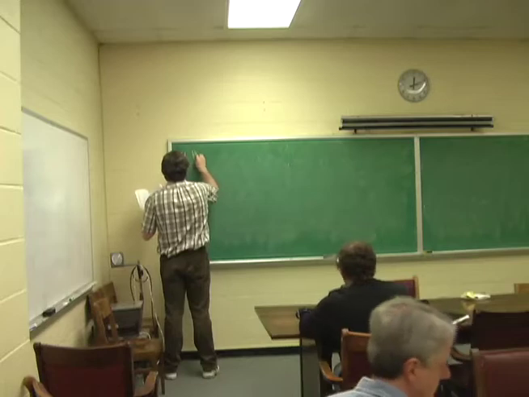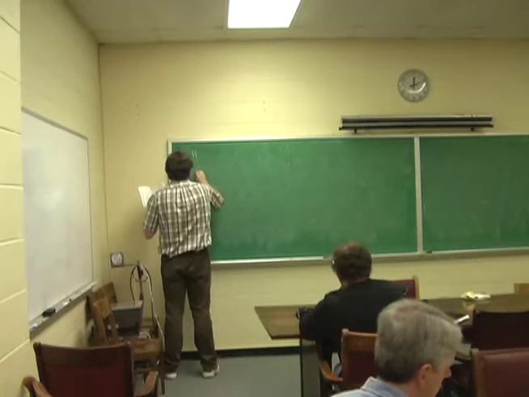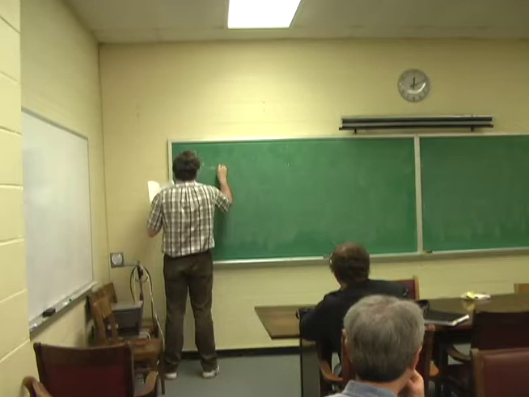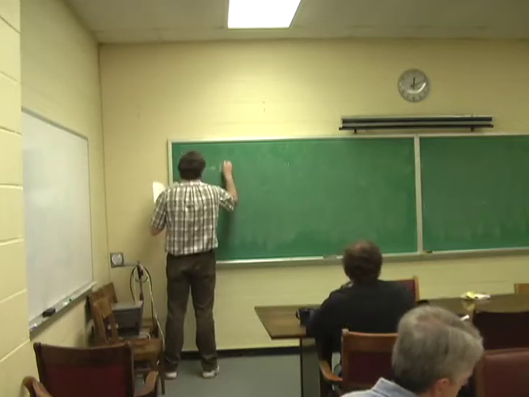Oh, it is 414. We did 411. F is a continuous mapping of the two-dimensional disk to R2.